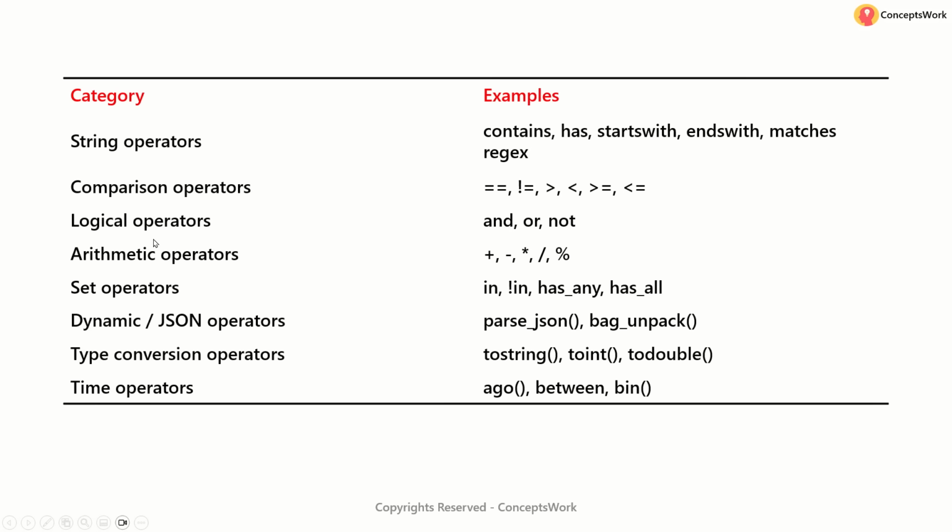Likewise, let's say string operators, comparison operators, logical operators, and then you have some set operators, arithmetic operators, and this list just goes on. However, my intent is to make sure that I cover at least those operators that will be useful from a security standpoint, or let's say the analysis that you will be doing with the data that we typically capture in Microsoft Sentinel.